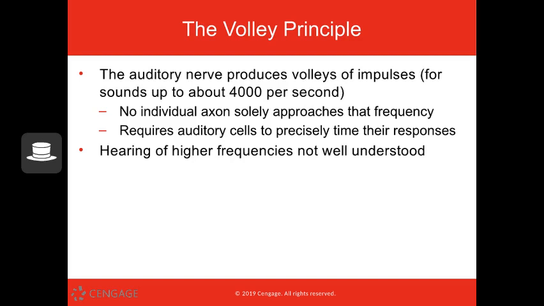We really don't yet understand how we hear higher frequencies just because of how quick those wavelengths are. So we really need to try to figure out how, if something's at like 10,000 hertz, we can perceive it.